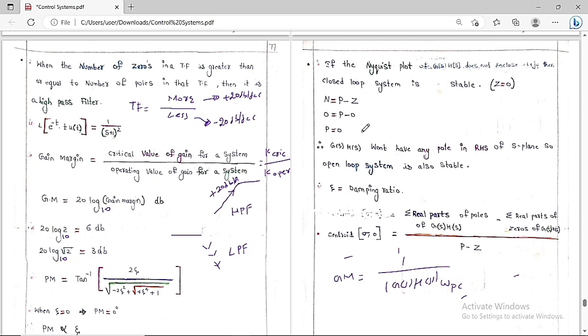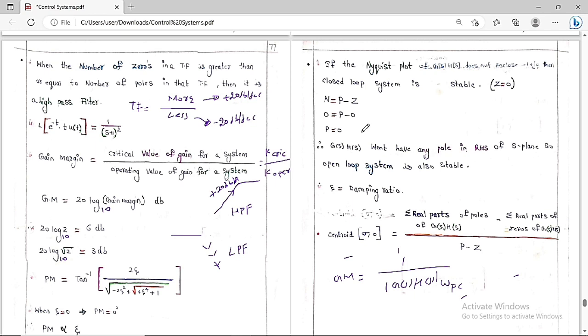The point they have given is that the Nyquist plot of G(s)H(s) does not enclose the -1 + j0 and the closed loop system is stable, and we have to comment on the open loop stability. N is equal to P minus Z. As the Nyquist plot is not going to enclose the -1 + j0, N is equal to 0. They have also given that the closed loop system is stable, so no closed loop poles lie in the right half of the s-plane. So Z is also equal to 0.